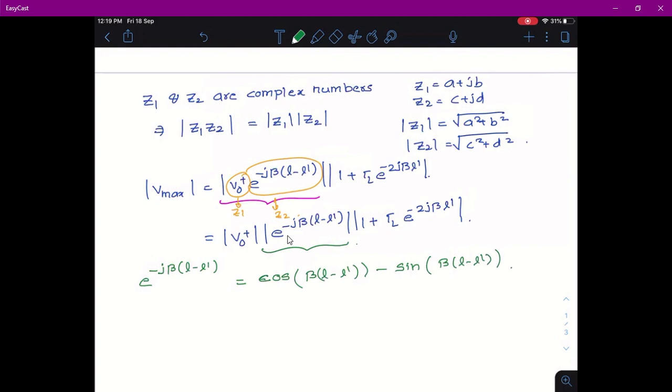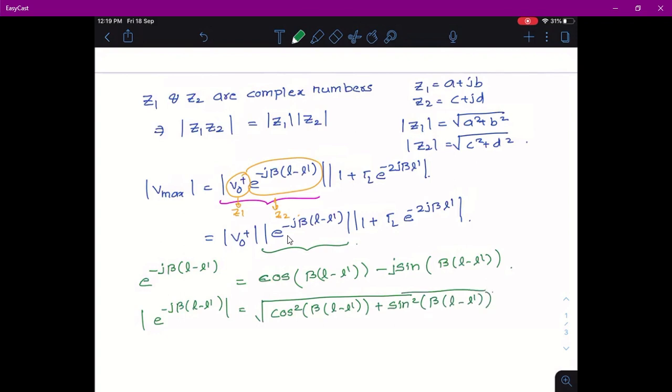And the magnitude of e raised to minus j beta of L minus L dash is basically the square root of cos square beta L minus L dash plus sin square beta L minus L dash.